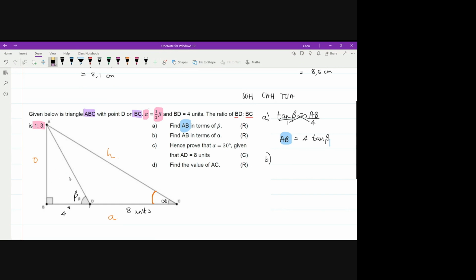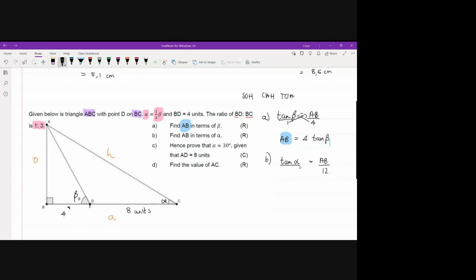When we write this down, we're going to use O and A because that's the information we've been given. So we're going to use tan again. I'm going to say tan of alpha is equal to the opposite, which is AB, over the adjacent, which in this case is not 4, it's not 8, it's 12. So we must have 12 in our answer there.